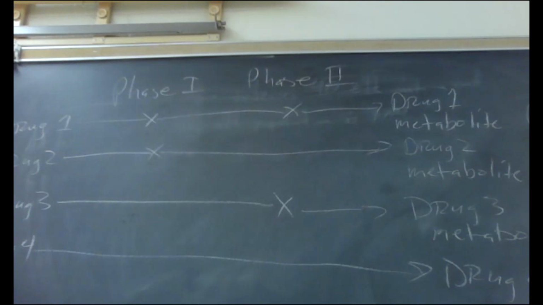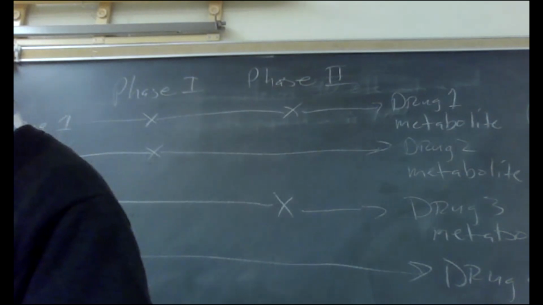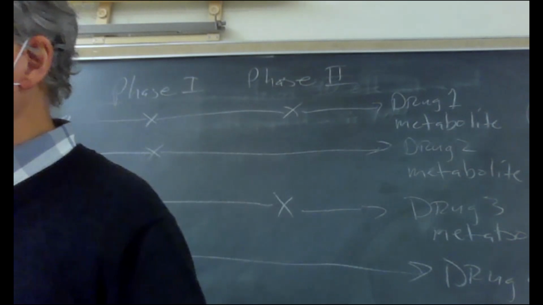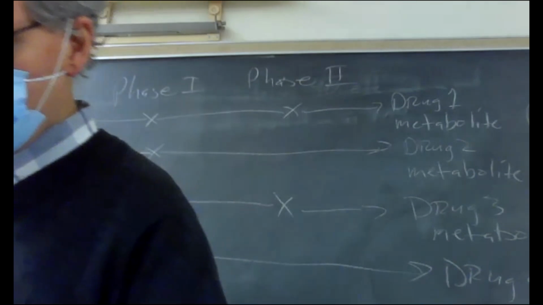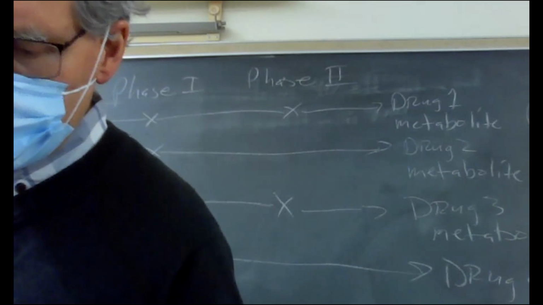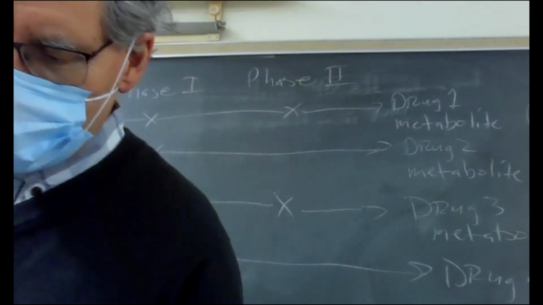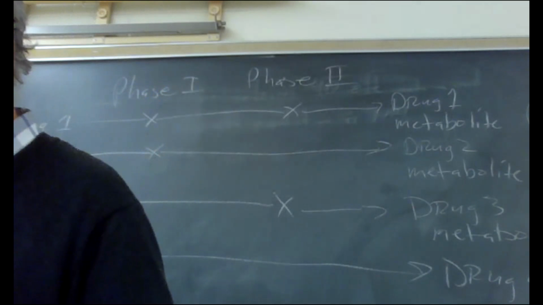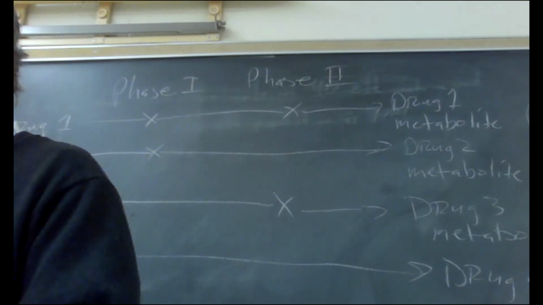Now, of those, the ones I want you to put a little star by, the ones that are really, really good at inhibiting 3A4, are clarithromycin, itraconazole, ketoconazole, nefazodone, and then nelfinavir.